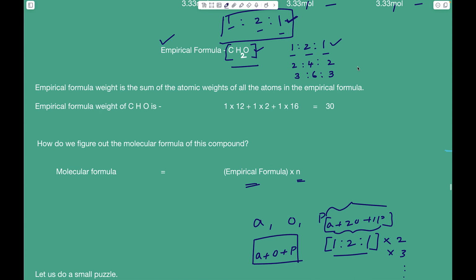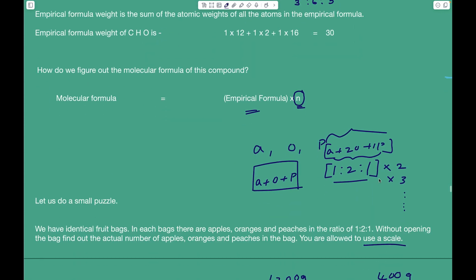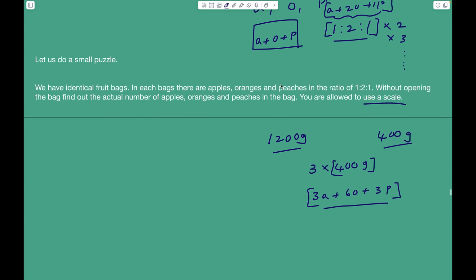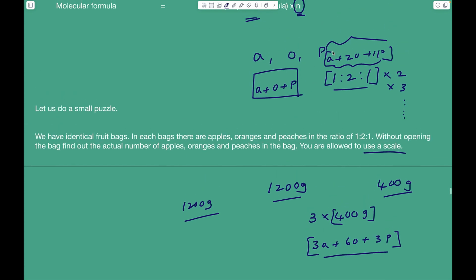Now the question is, how do we know this number? Just the way we figured it out here in the case of these fruits. You know the mass of this bag, which is 1200 grams, that contains apples, oranges and peaches, and you know the mass of this unit that represents the simplest ratio, that is 400 grams, and if you divide this with this, you would get 3.